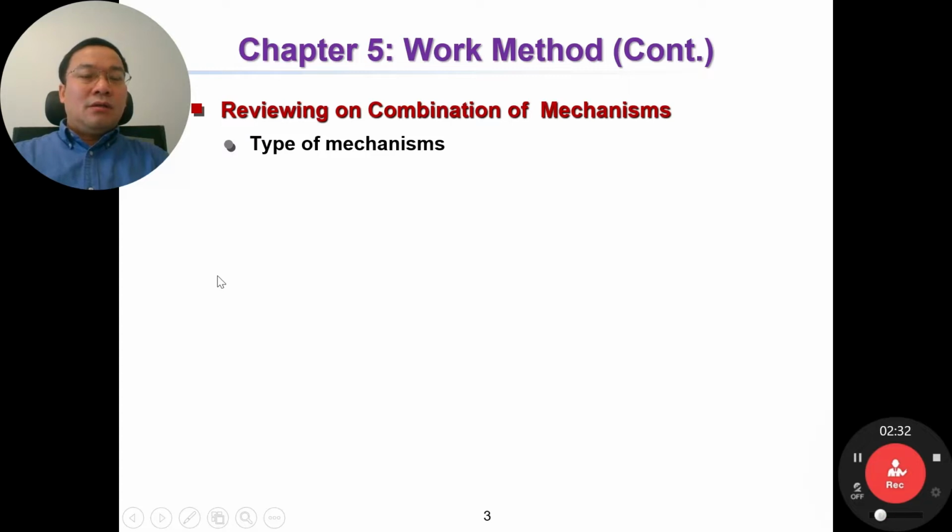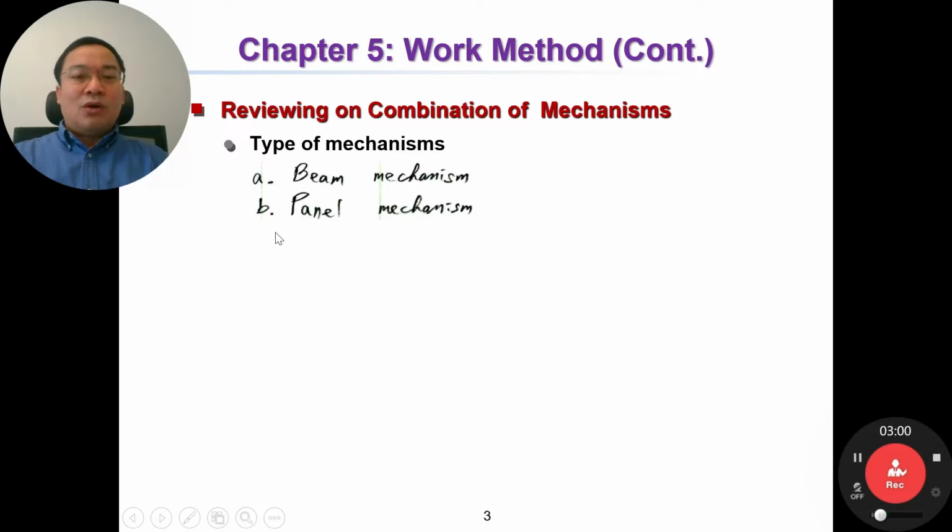And we also already learned about the types of mechanism. How many types of mechanisms? The first one is beam mechanism, right? And the second type of mechanism is panel mechanism, or sometimes we call it sway mechanism.